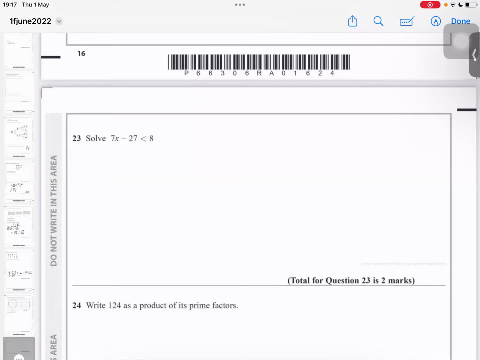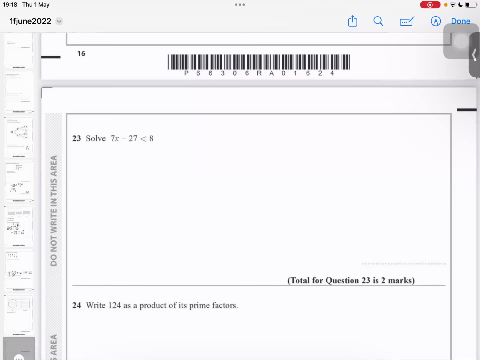Okay, let's see you give it a try. So you add 27 to both sides. Yes, you can annotate on the paper, you can do it on the paper.